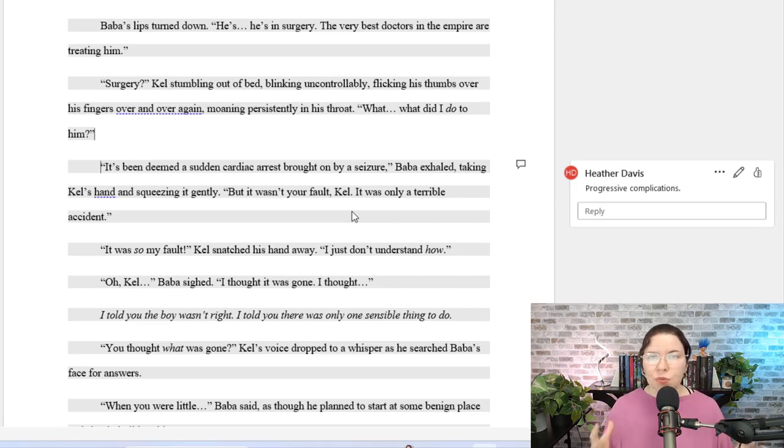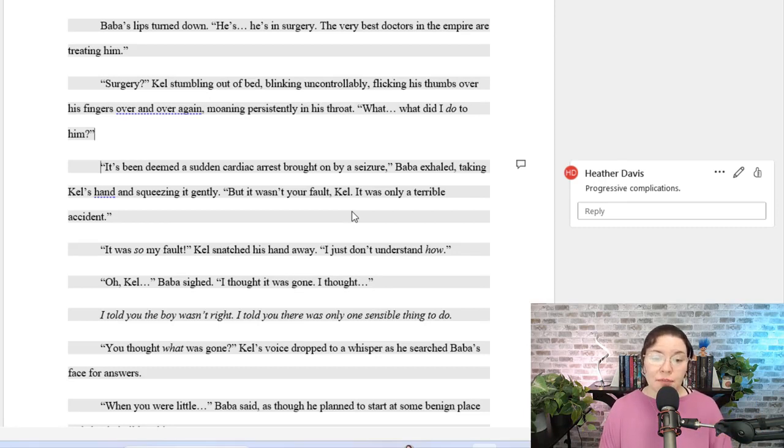The kid who was suave and who everybody liked and who was good at everything. I wanted to write a more realistic character, and I thought he would be far more interesting if he wasn't that kid. If he was the kid with the tic disorder, the kid who was made fun of, the kid who didn't really fit in. So all of these things come into play with Kel's character.